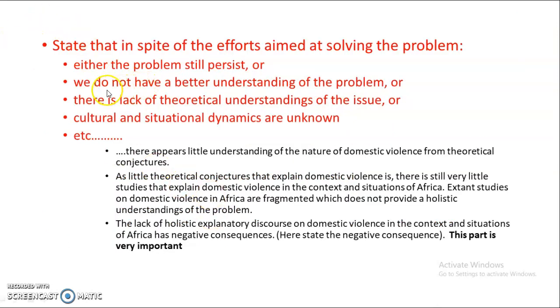So you now state that in spite of the efforts, the problem still persists, or there is no better understanding of the problem, or there is a lack of theoretical underpinning, or it is not understood in the proper cultural setting and context, or there are other situational dynamics that need to be checked out. So that is the example I was trying to show you about domestic violence.